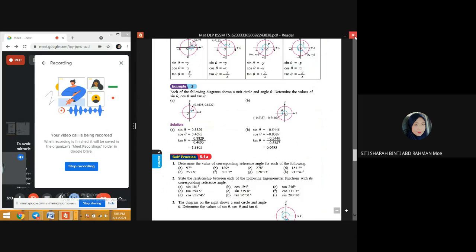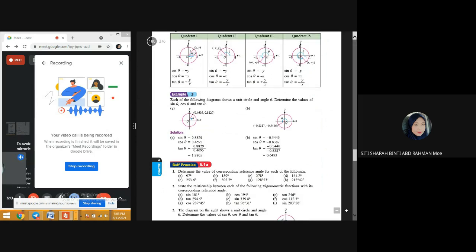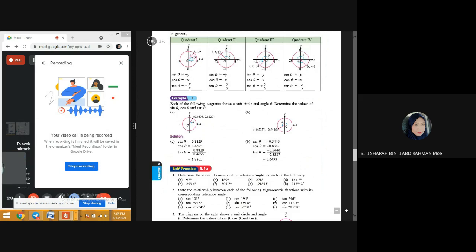So next, in the second quadrant, the x will be negative because it is on the left side, but the hypotenuse, the length, is still 1. Here we find sine theta. Sine will be y over the hypotenuse, opposite over the hypotenuse.